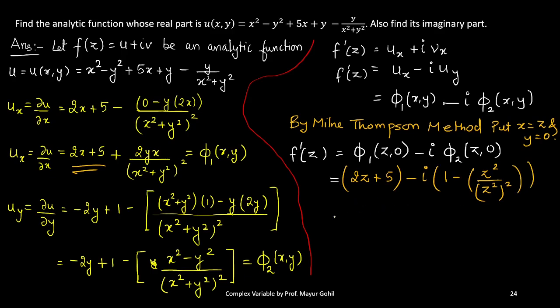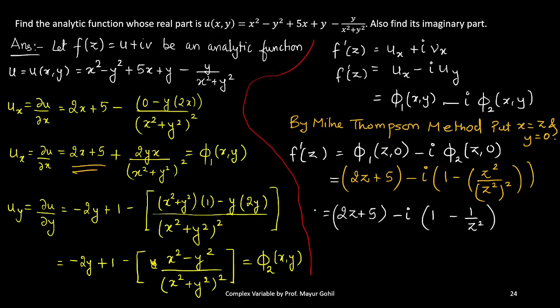Now we simplify this, and what do we see here? Let us see how to handle it. So let's do the simplification. 2z plus 5, minus I times 1 minus, it is z square over z raised to 4 basically, so it's going to be 1 upon z square.